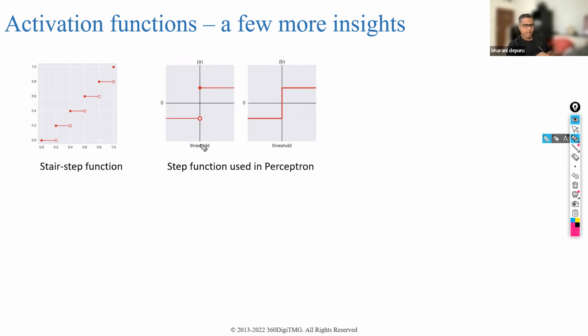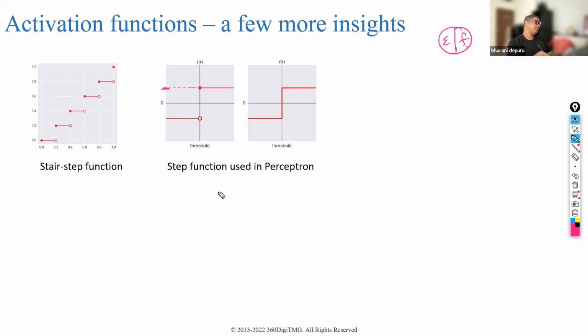Whatever be your threshold value, if you get exactly the threshold value, then the output will be this. In a neuron, you'll have two components, integration and activation.